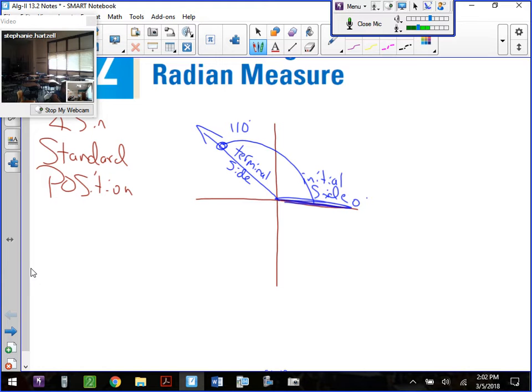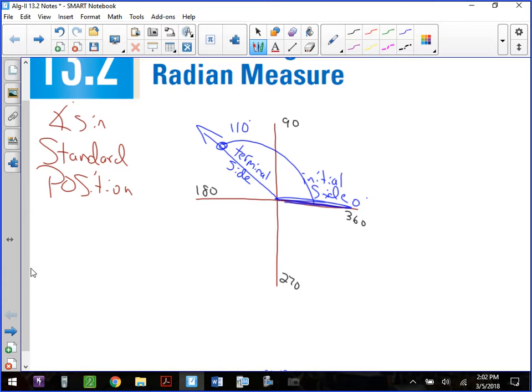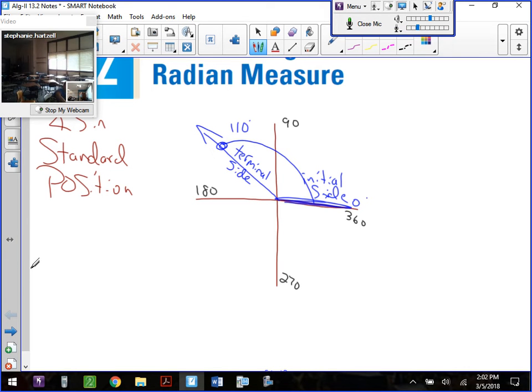We'll go through all that stuff in a minute. So as we go around, we have 0, 180, 360, 90, and 270. We'll just leave it for that right now. When you start at your 0 line, angles go counterclockwise when they're positive.